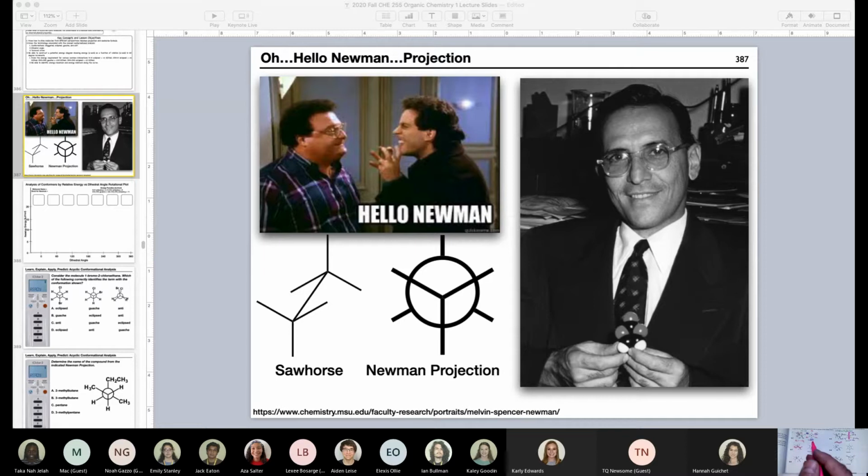So if I highlight that in the Newman projection, it's now here. So if you're looking down this, you're looking down that sigma bond axis. What should go right here at the bottom?